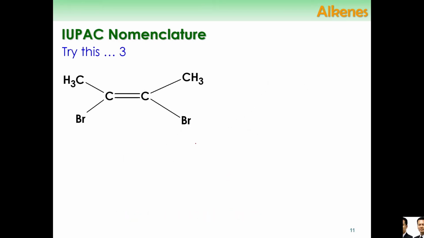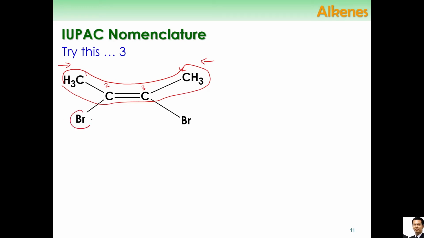Okay, one more. What about this one? Longest chain. Longest chain is like this. So carbon number 1, carbon number 2, carbon number 3, carbon number 4. This is identical whether you count from the left or from the right. And bromine at carbon number 2, bromine at carbon number 3.